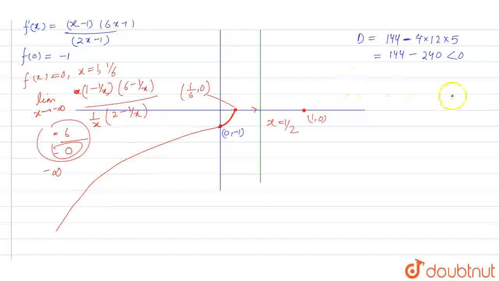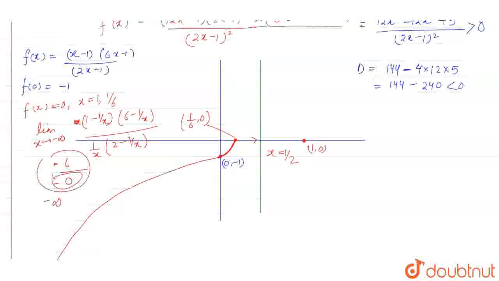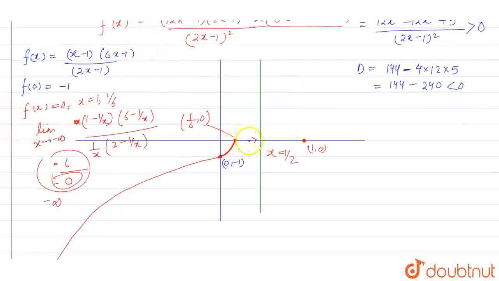Now if you observe, as x approaches 1 by 2 from the left hand side, what we'll get? x minus 1 is negative, and 6x minus 1 is positive, since substituting 1 by 2 we get 3 minus 1, 2, positive.